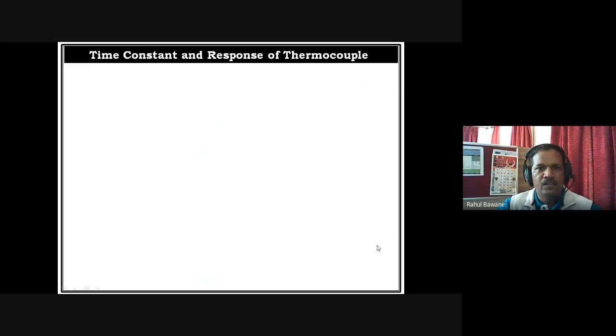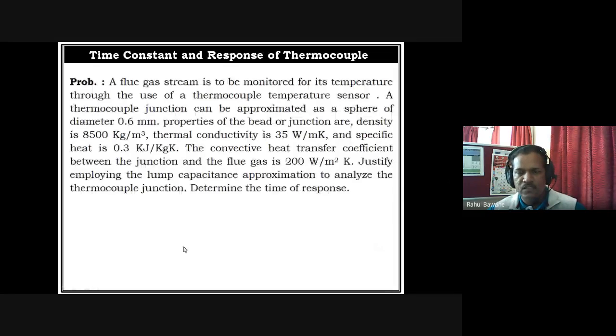Okay. Now, second, this is one assignment for you. A flue gas stream is to be monitored for its temperature through the use of thermocouple temperature sensors. A thermocouple junction can be approximated as a sphere of diameter 0.6 mm. So the diameter is given.